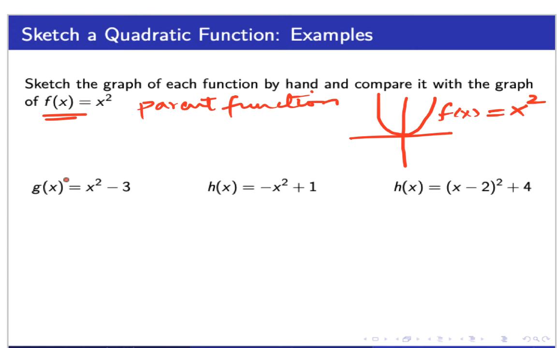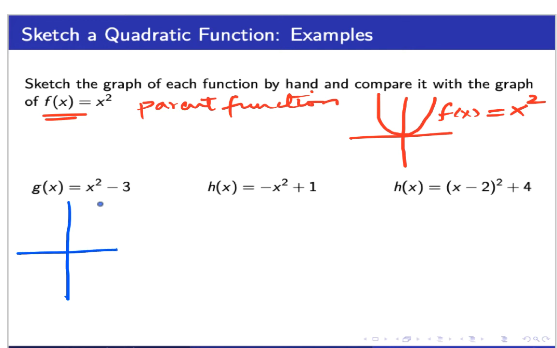Okay, now what does the function g(x) do? This function looks at the parent function and says this whole parent function will now go down by 3 units. That's what it means. The output will now decrease by 3 units. So let's go ahead and draw the graph.